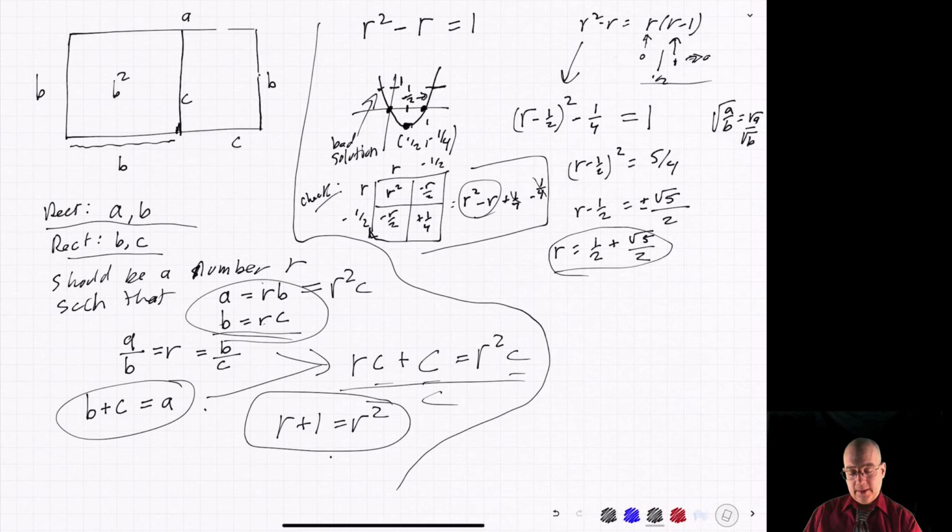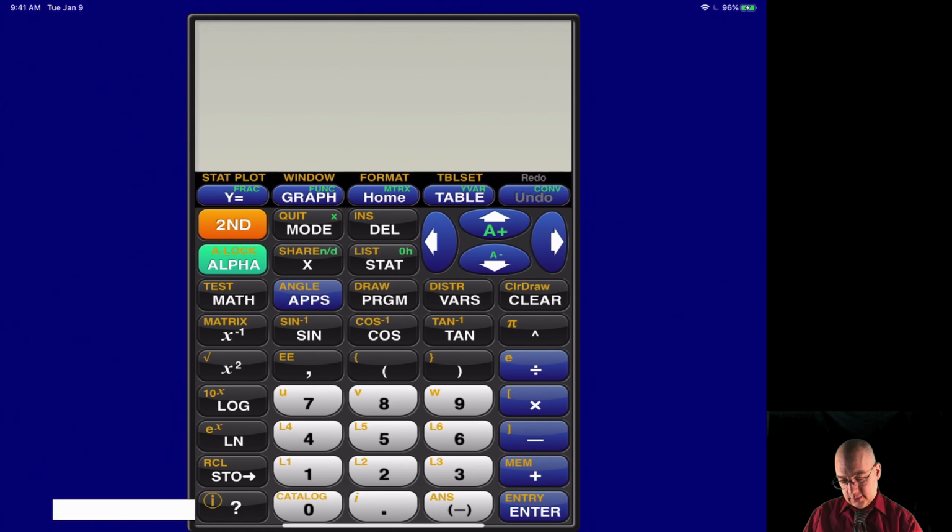All right, and what is 1/2 plus square root of 5 divided by 2? Now, before I do this, GeoGebra kind of suggested it was going to be somewhere around 1.62, where this process works out well. So that's hopeful.